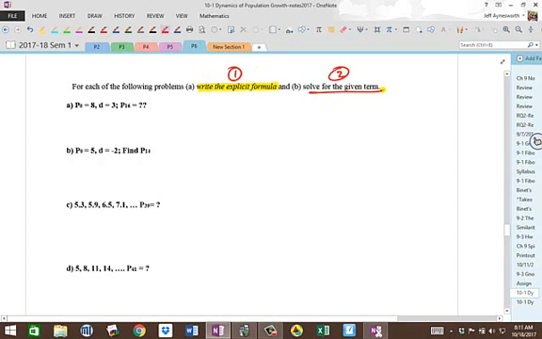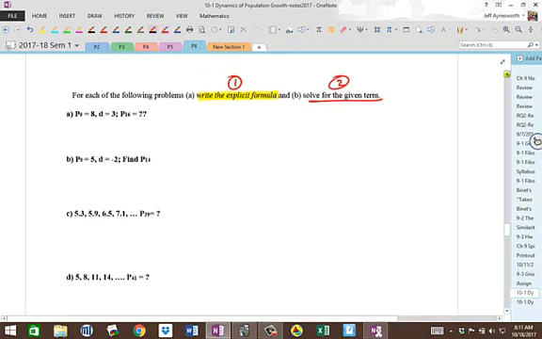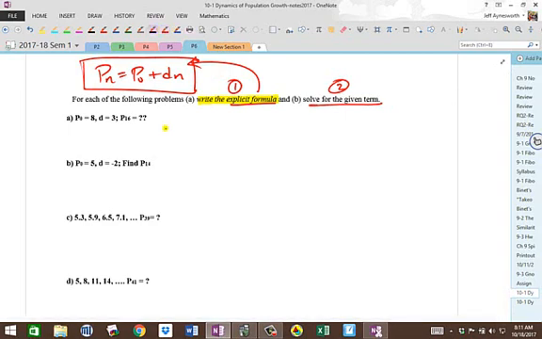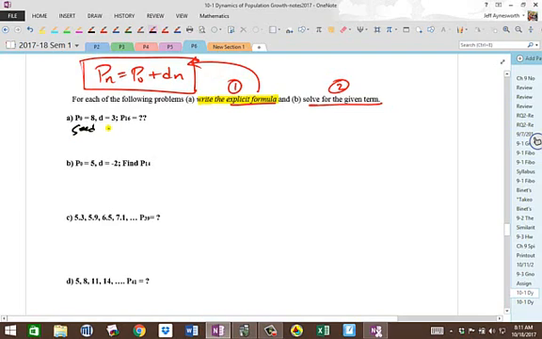So let's write that up here, big and bold in red: p sub n is equal to the seed plus d times n. There's your explicit formula. Up here we're given the seed and we're given the common difference, and this is what we want to find.